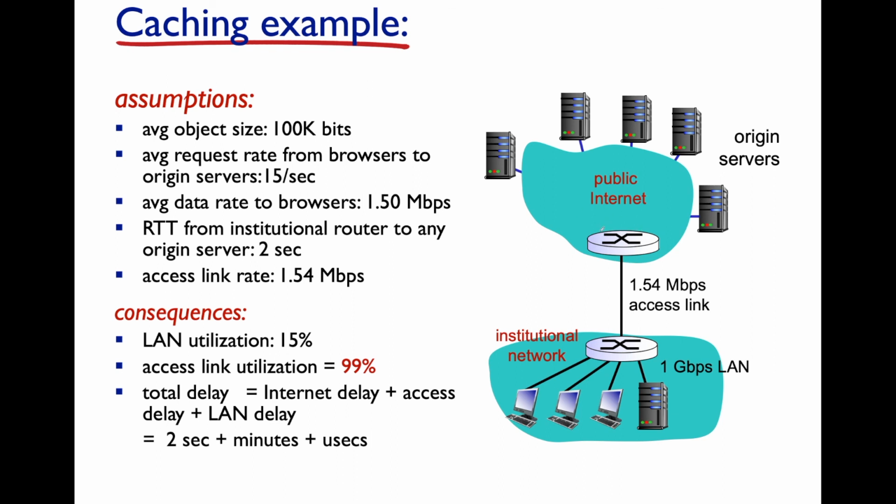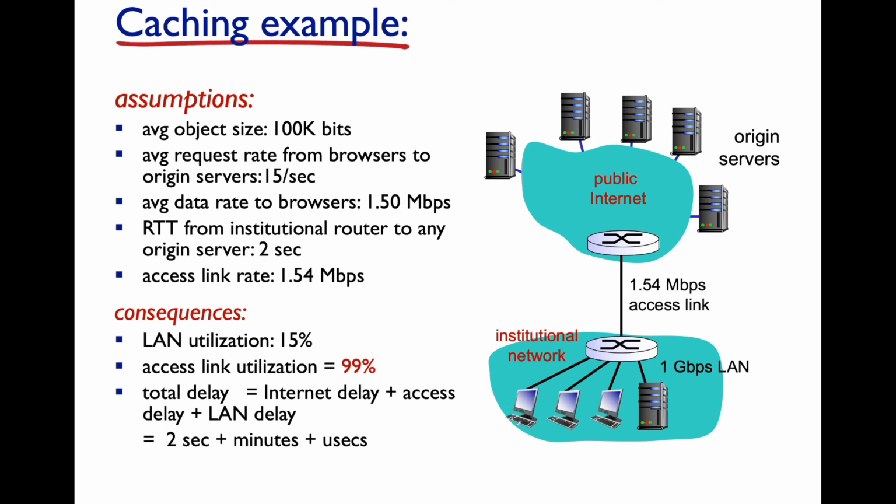On the public internet side, that router, that gateway that connects traffic into the public internet, once you get data there, it just sends that information to other routers in the ISP, eventually making its way to the origin server sitting in a data center somewhere. And so let's assume that the average object size is 100 kilobits.